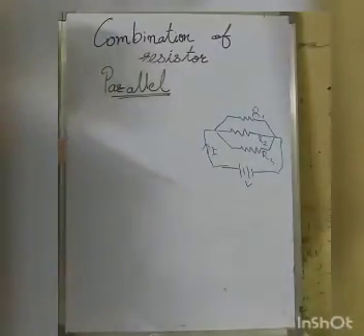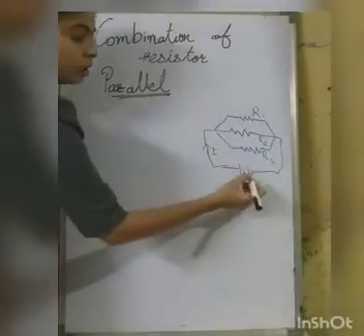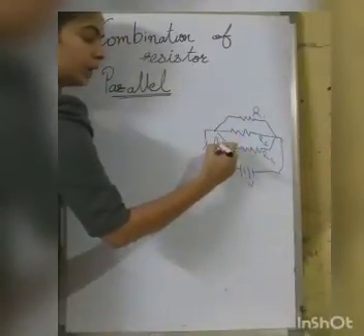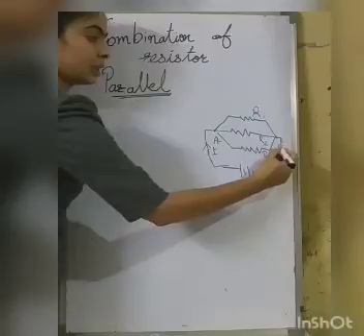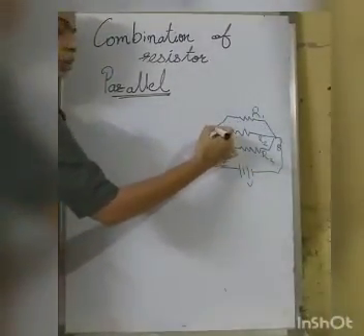So first we will look towards the potential, then we will move towards the current. So the potential drop between A and B, that is across your parallel combination, is going to be what?